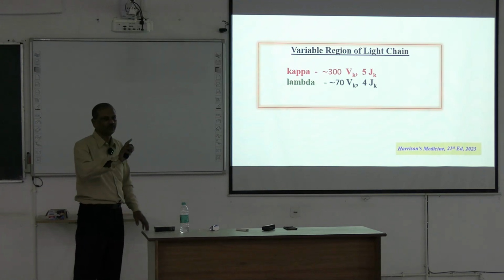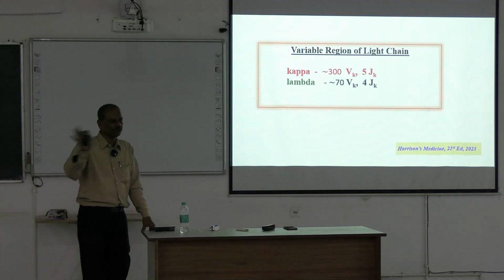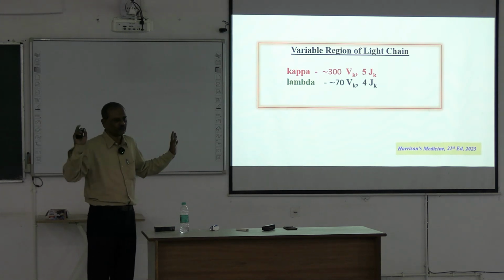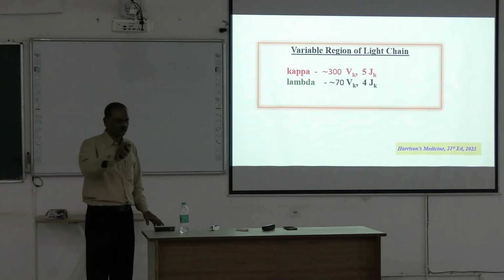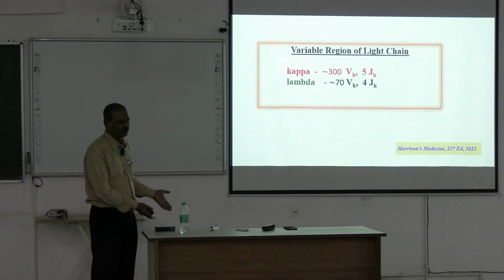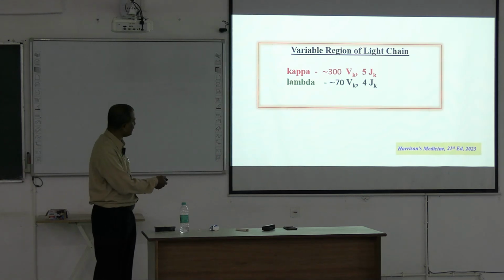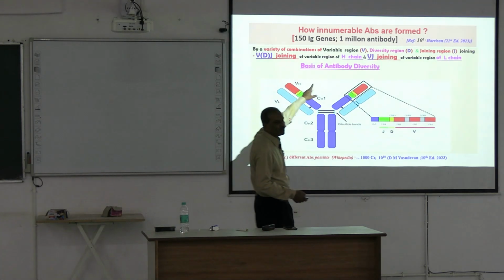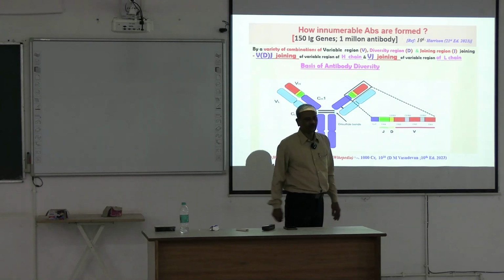Why am I telling you? Because there will be several confusions between different books. The best reference book for you will be Harrison, a medicine book. Nobody can challenge it. Whatever Indian authors' books you mention, this is the reference book. And the moment you quote this, again I am telling you, these 150 IG genes and 1 million antibodies are in the Harrison book.